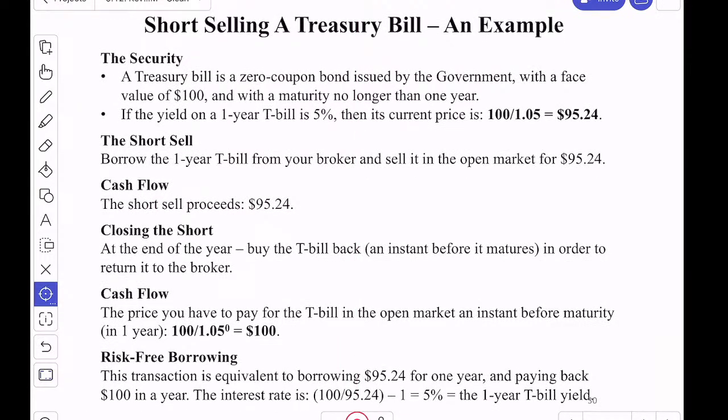So what you've done is you have effectively borrowed $95.24 for 1 year, and then you've paid it back at $100. The interest rate is 5%. So you have that implicit 5% as a T-bill yield.